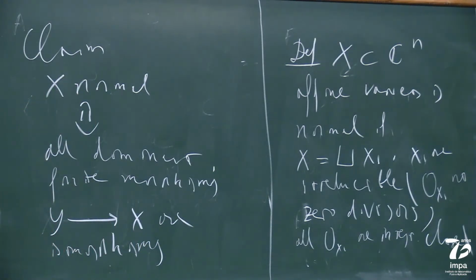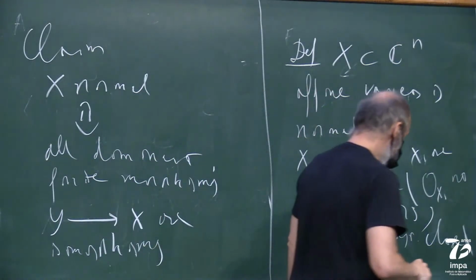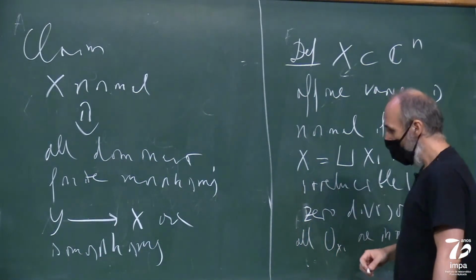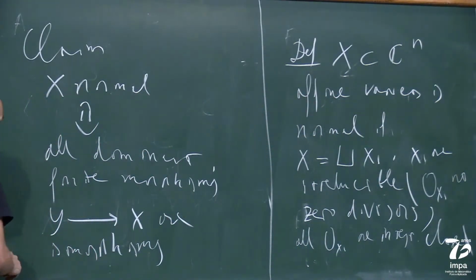Dominant means that they are surjective on each irreducible component.